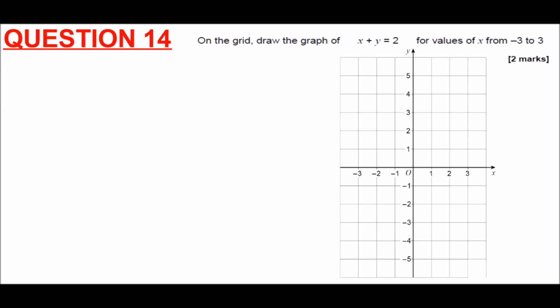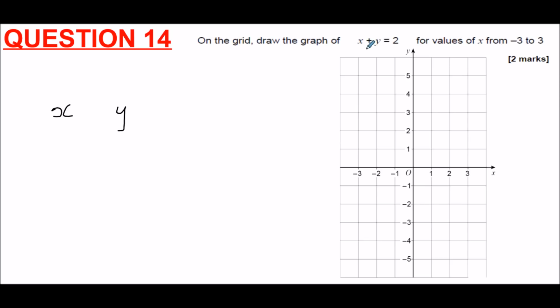Question 14, we've got a graph to draw, and the graph is x plus y equals 2. And the values of x we need are from -3 to 3. So we could do a table of values, or we could just think of different values for x and y that would add up to 2.